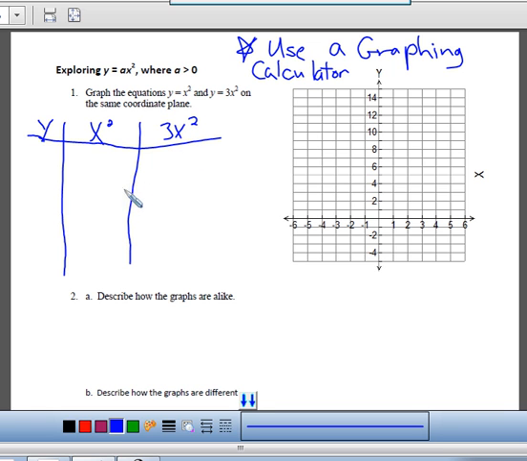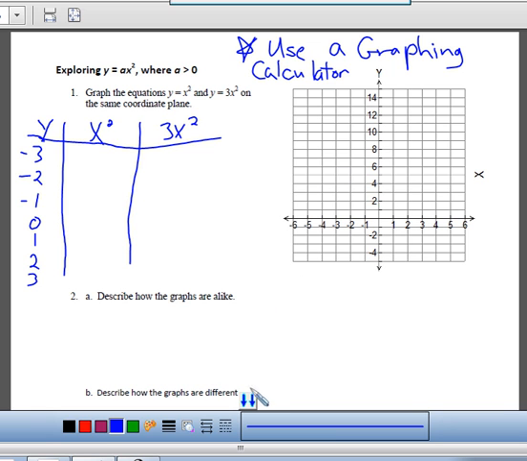You can also go to the table feature and see the values here, but I believe your y values will be between -3 and 3. So let's go ahead and write that down. Because once they go beyond -3 and 3, that will no longer fit in this graph.